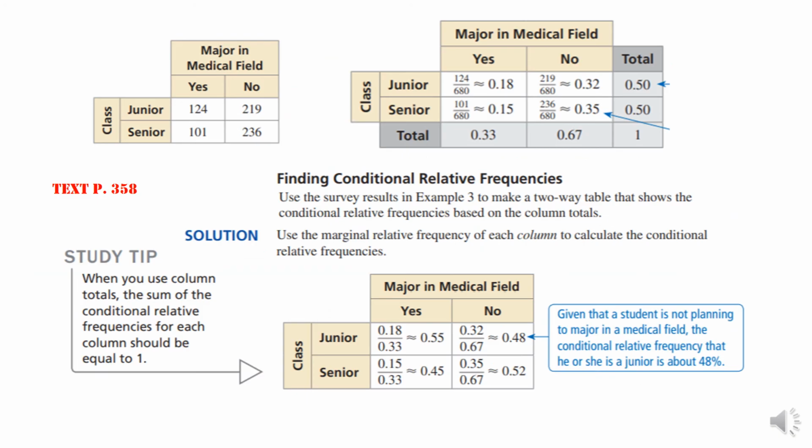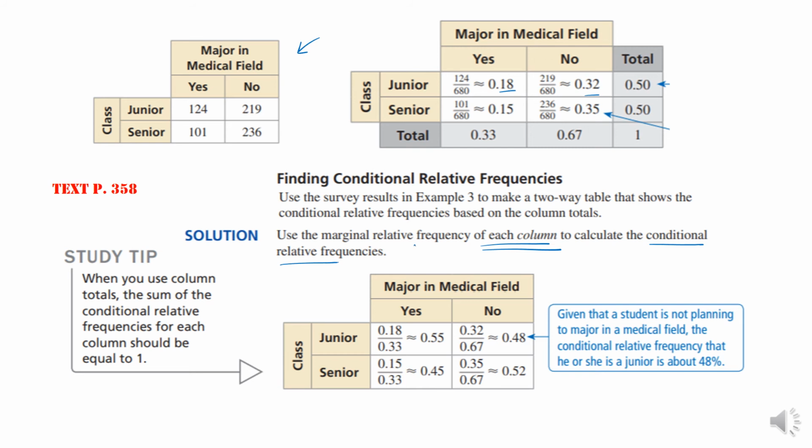So let's look at an example. So this is the information that we got before. We started with the major that kids were choosing, and we figured out all of our relative frequencies. So we've got those all here. But now we want to do a conditional relative frequency. So what they did is they said, use it to calculate the conditional relative frequency of each column.